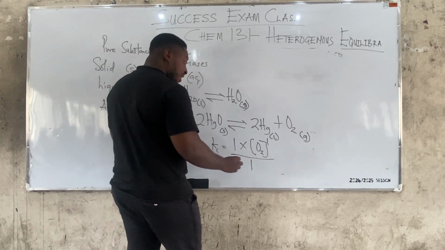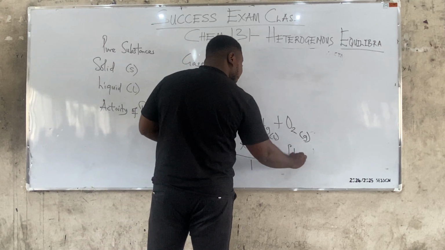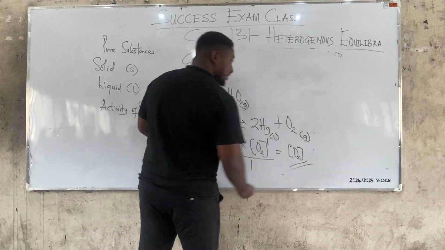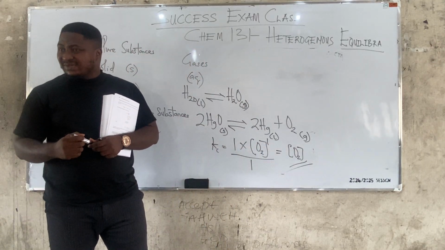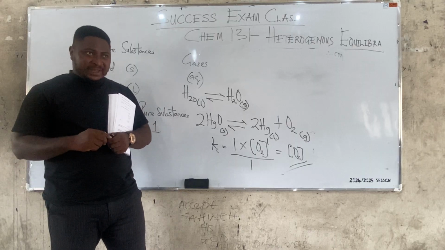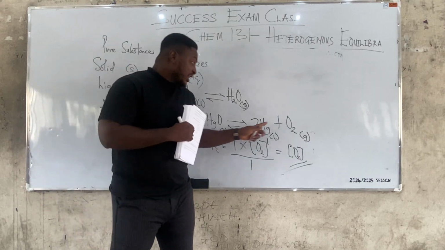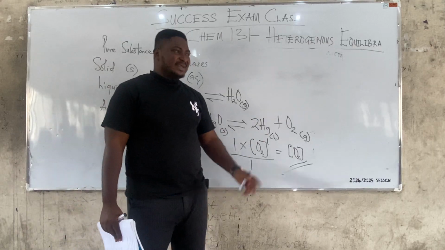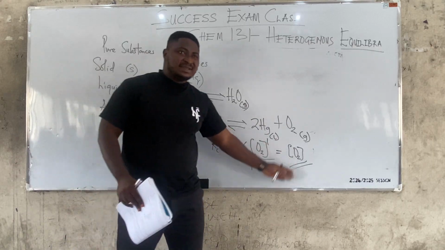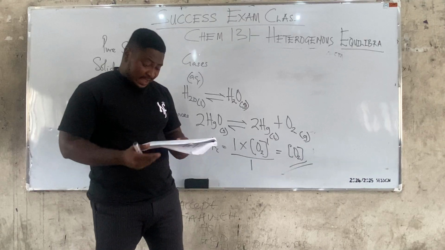So the overall KC for this reaction is just the concentration of oxygen. The concentration of oxygen alone is enough to give you the KC for this reaction. Class, are you following? The concentration of oxygen alone in this full reaction, looking big. And they only gave you this. Some say, what's going on here? But they're giving you enough to get the answer.